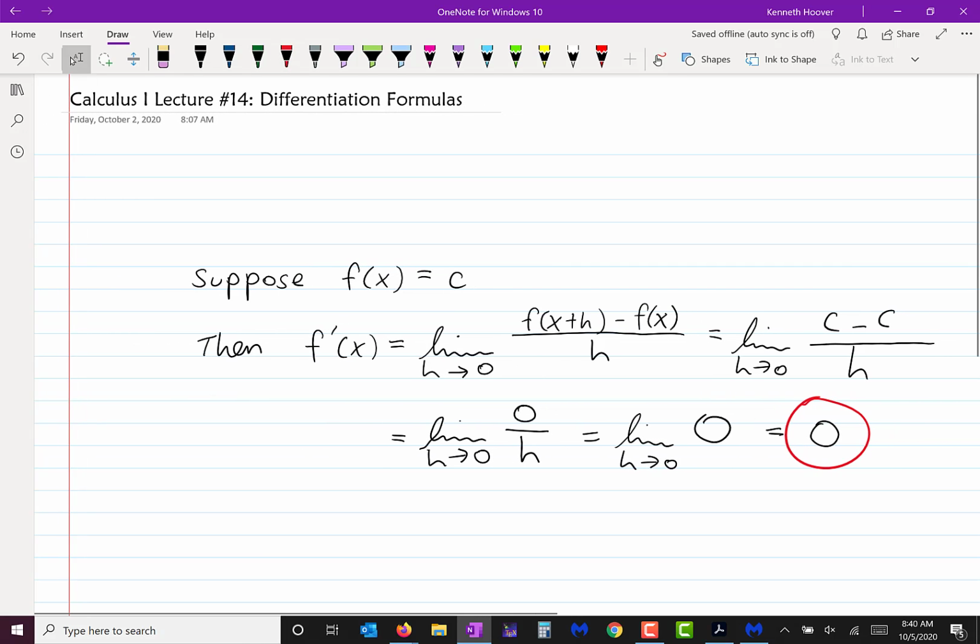Okay, let's write that down here. I'm going to write derivatives of common functions.